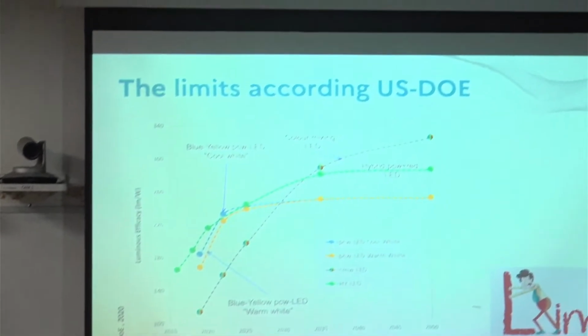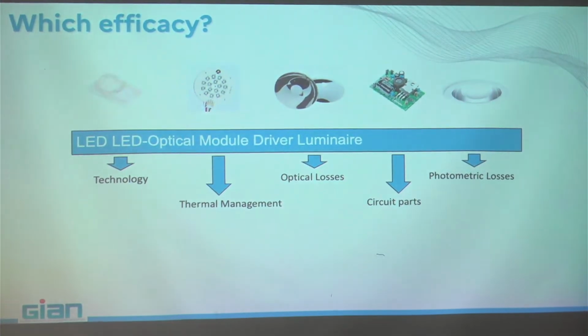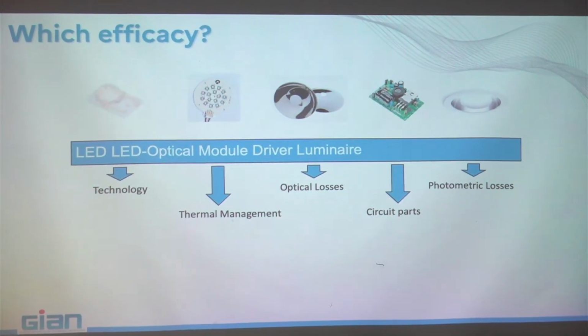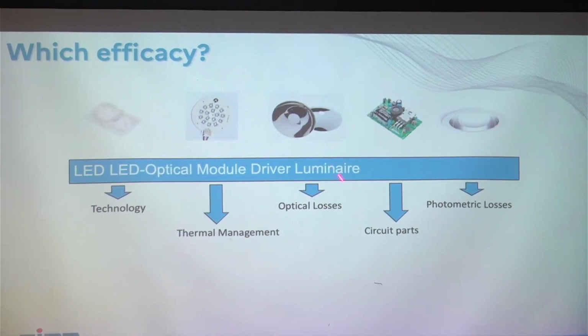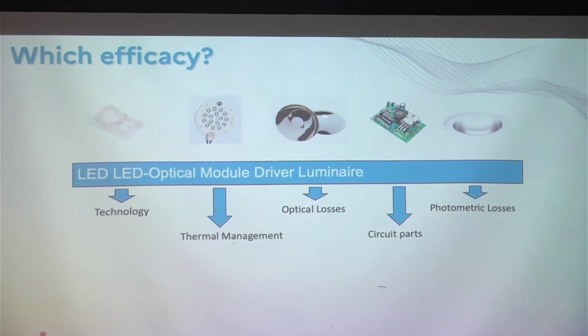Let's look together. Let's take a very simple example. From LED, we integrate up to a full lighting system. Let's take an average quality, today white LED, cheap, with 130 lumen per watt.